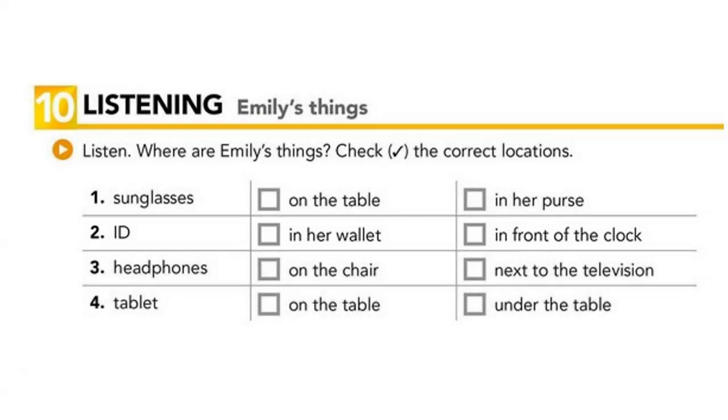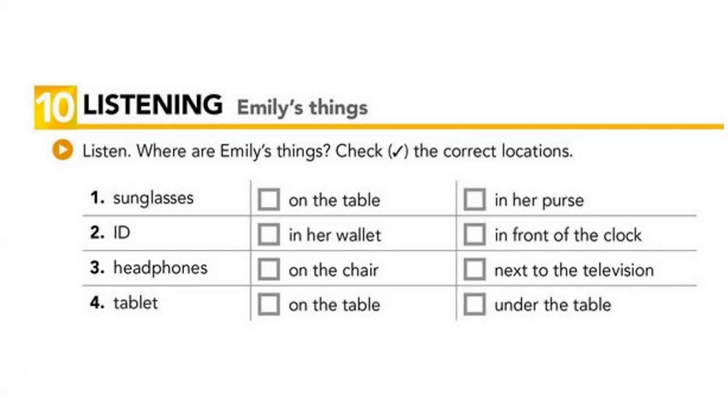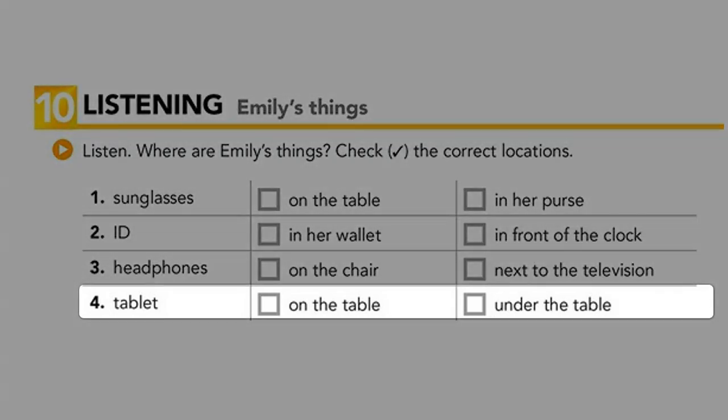Thanks, Kevin. Let's see. My headphones. Where are they? Next to the television? No. Are they behind your purse? No, they aren't. Oh, they're on the chair. Great. Now I just need one more thing. My tablet. Maybe it's on the table. No, it's not. It's under the table.